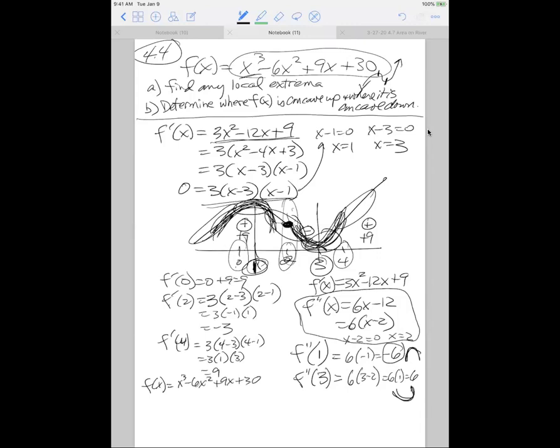I'm finding the actual values of the extrema at 1 and at 3. We get 1 minus 6 plus 9 plus 30, and that's 40 minus 6, which is 34. So the coordinates are (1, 34).